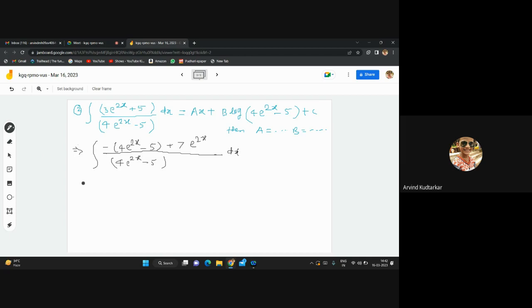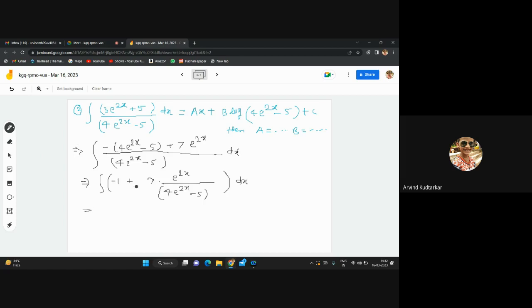When you divide the same factor in the numerator, they cancel and there remains minus 1 plus 7 e^(2x) upon 4 e^(2x) - 5, dx. Alright, split this integral into two integrals.